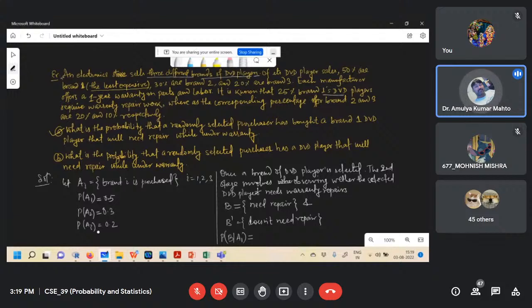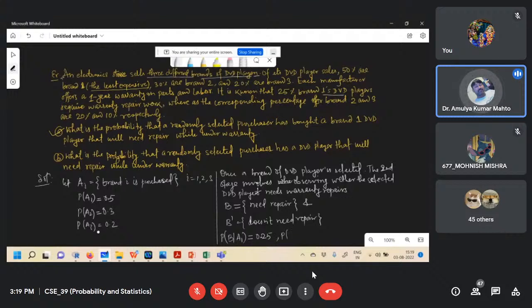Given that it is brand 1, the probability is 0.25, and we already know that event A1 has occurred, meaning it is of brand 1.